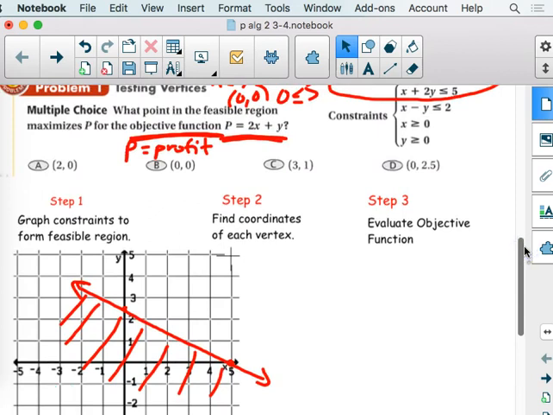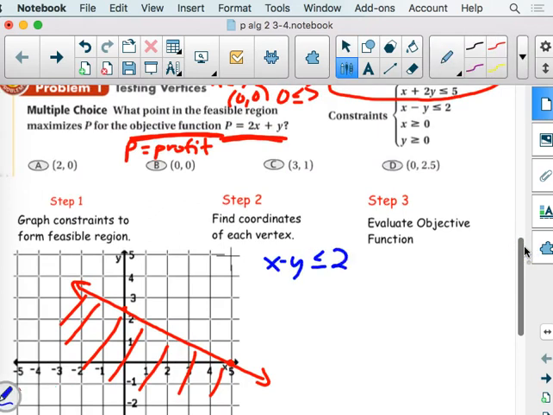That one is x minus y, so I'm changing colors. Is less than or equal to 2. Well, there's another nice standard form equation. But I'm going to have to be careful with the negatives. If x is 0, this is gone. Negative of something is 2. What would that be?